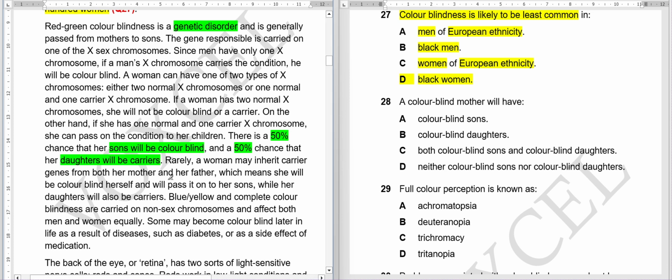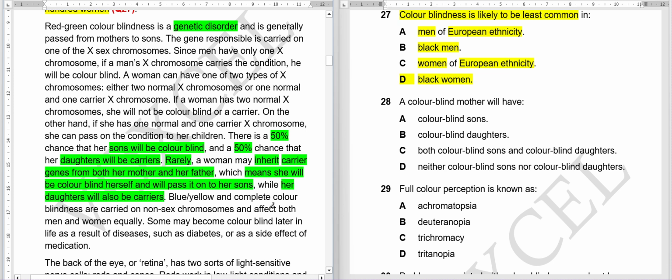Rarely a woman may inherit carrier genes from both her mother and her father, which means she will be colorblind herself and will pass it on to her sons, while her daughters will also be carriers. So a woman will be colorblind only when she inherits these carrier genes from both mother and father, and then she will pass it on to her sons, but her daughters will be carriers only.